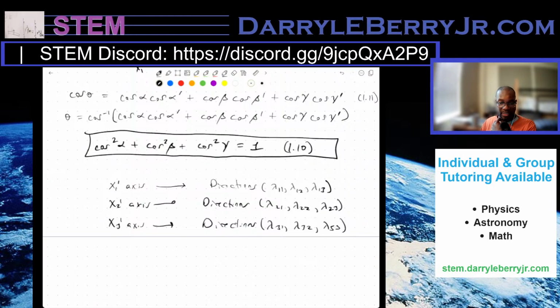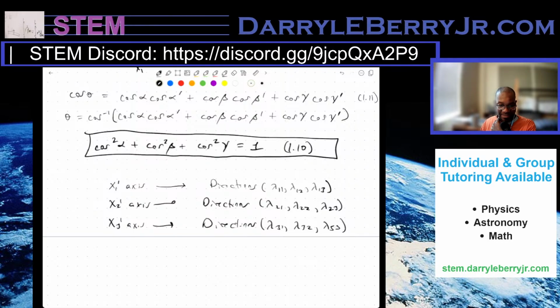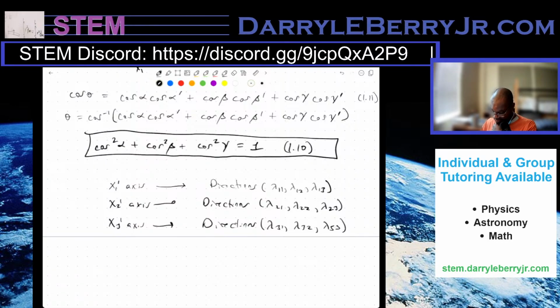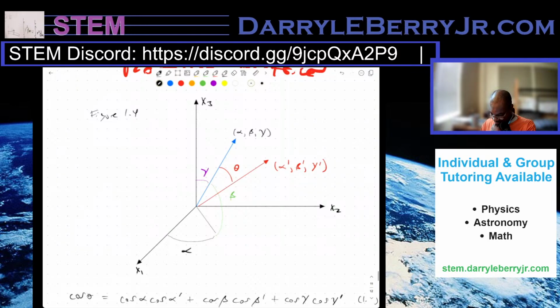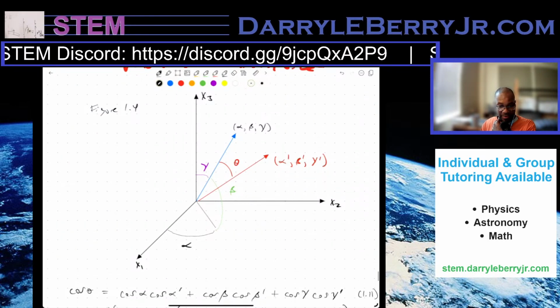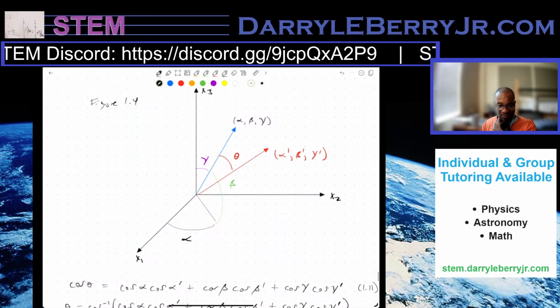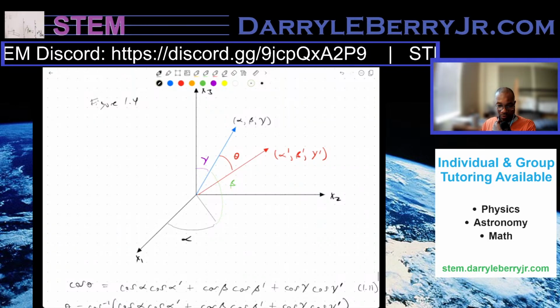Because we know that the angles between all three of the axes are always 90 degrees, we have from equation 1.11.